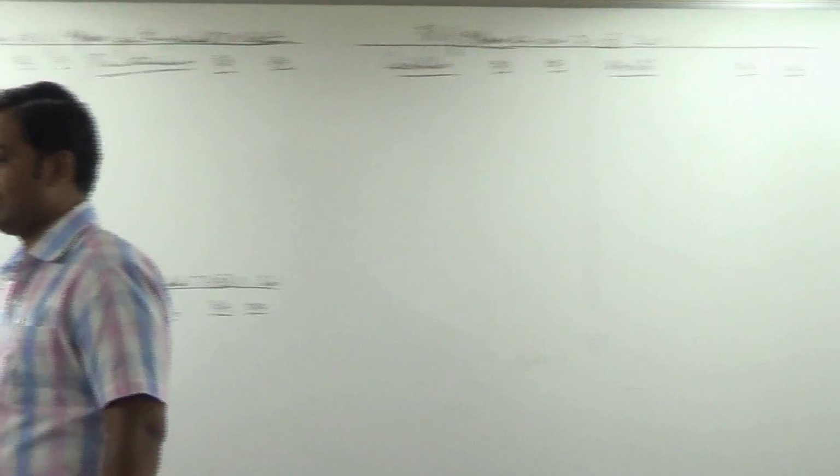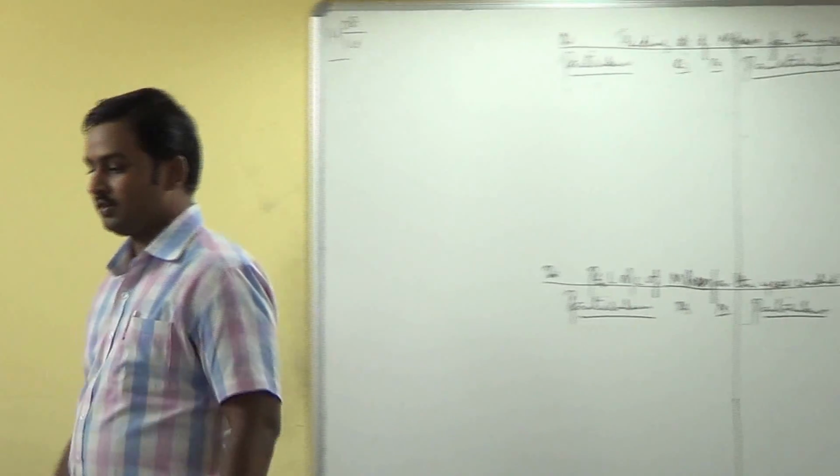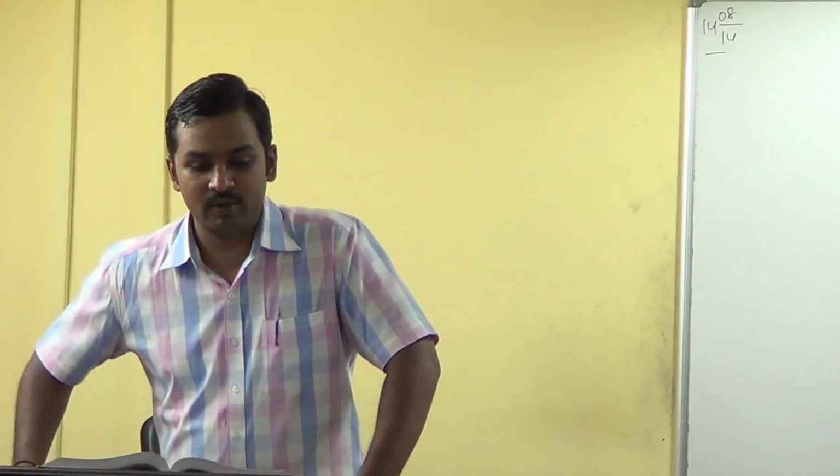Let us start. Capital account. Are you prepared? Please be quick. Ready, everyone? Capital account showing a credit balance 6,50,000.